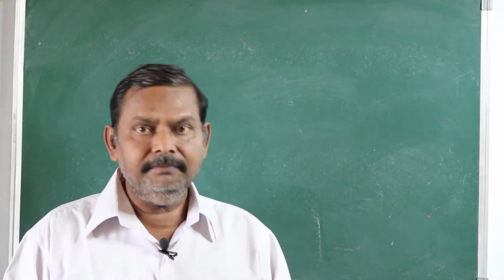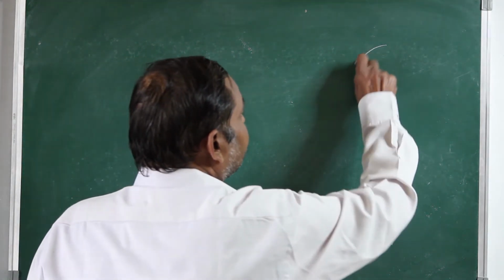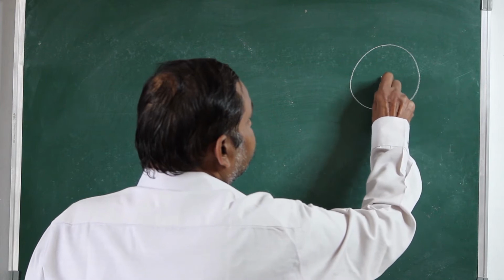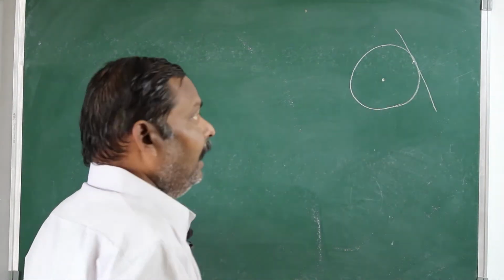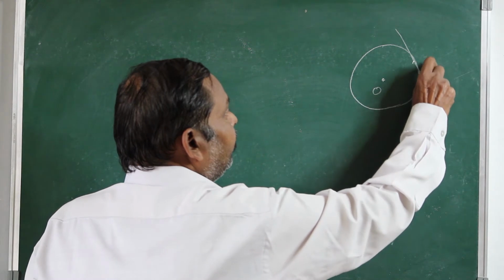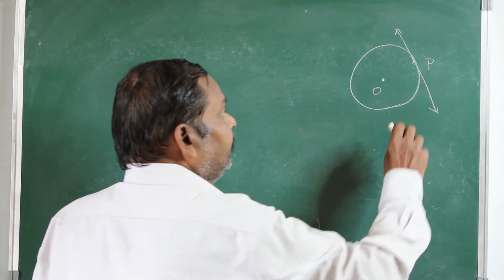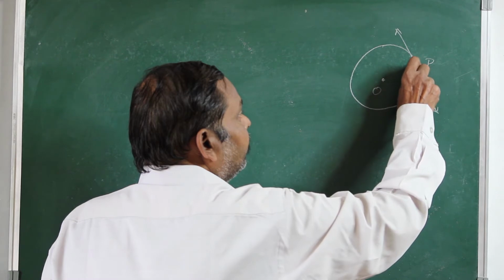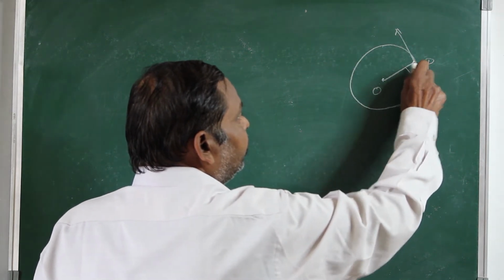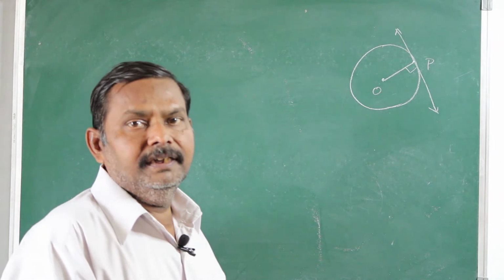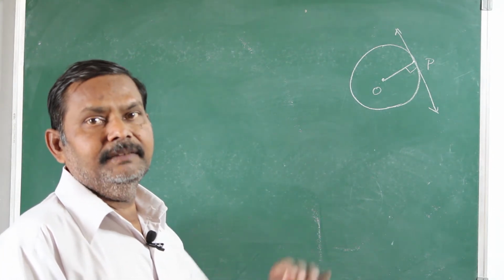The theorem in the 10th class circles lesson is, suppose this is the circle, this is the center of the circle, and this is the tangent, and this is the center O, with point of contact P. The theorem says that if you join PO, the angle between the radius and tangent is always 90 degrees at the point of contact.